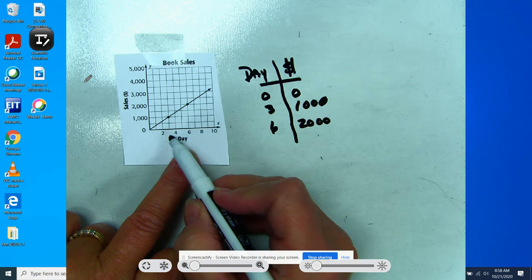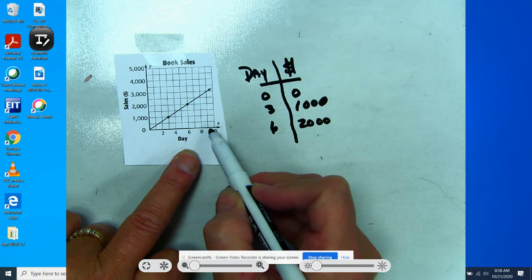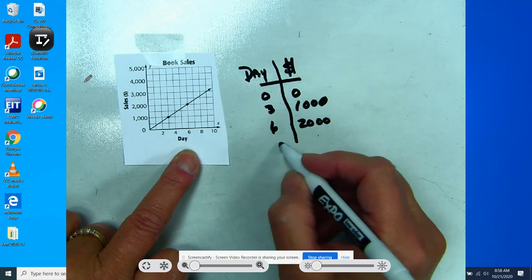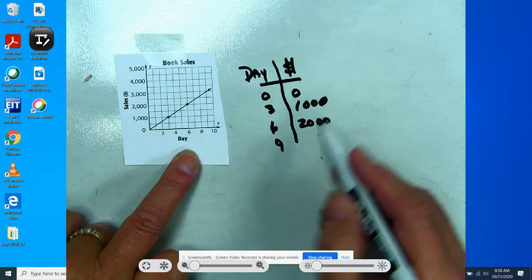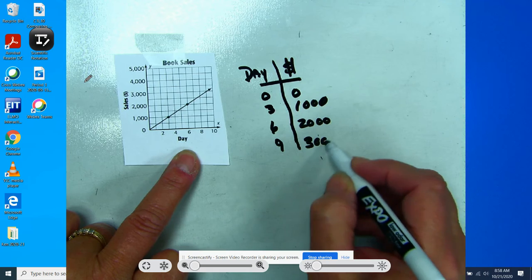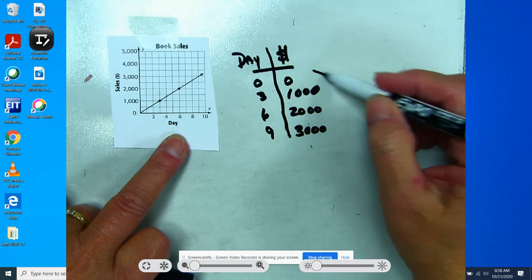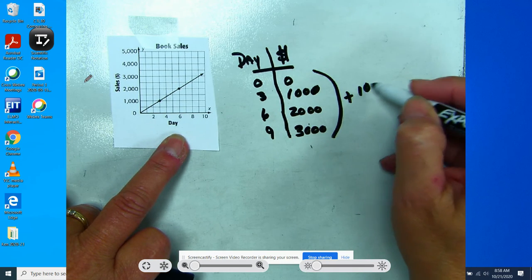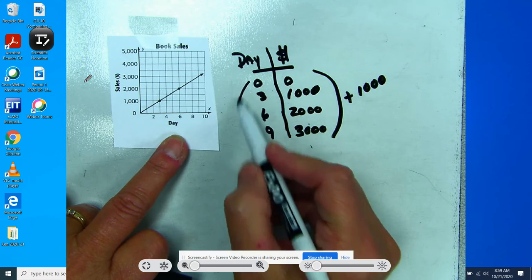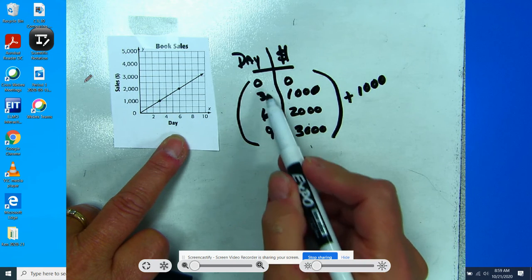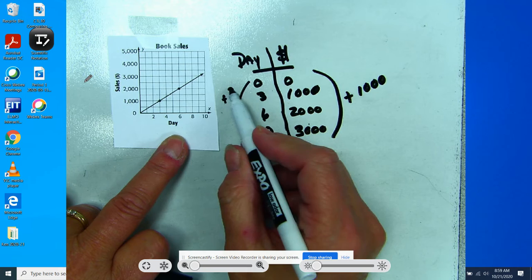And then if we continued it up, we would see at day 9, we have $3,000. So we can see that we are going up 1,000 each time, and these are going up 0, 3, 6, 9. This is plus 3.